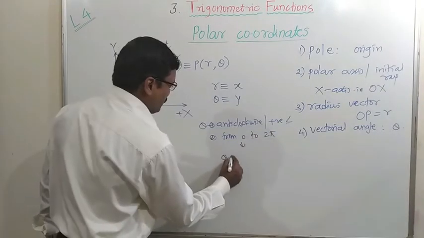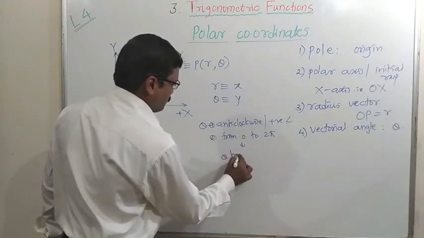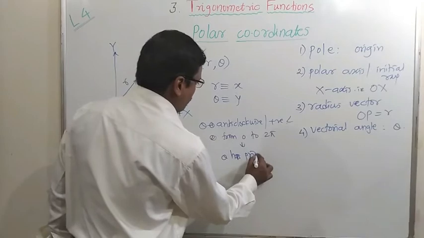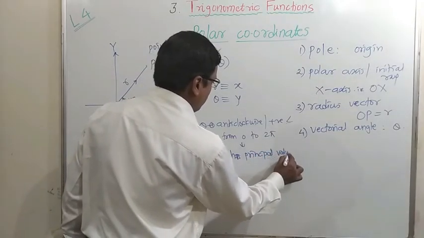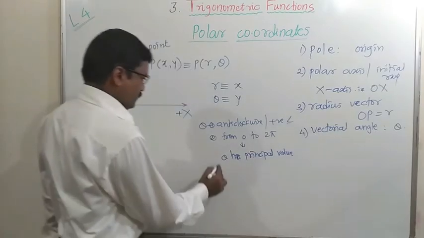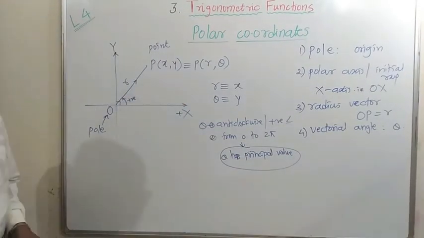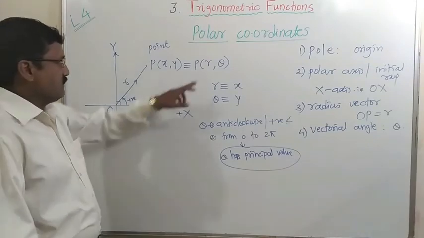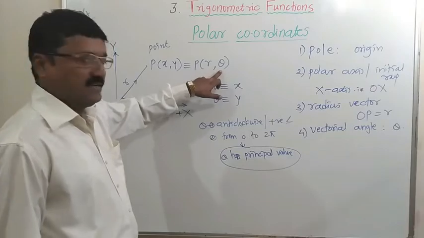That means theta has its principal value. Remember, this theta is nothing but our principal value. So these are the radius vector r and the vectorial angle theta.